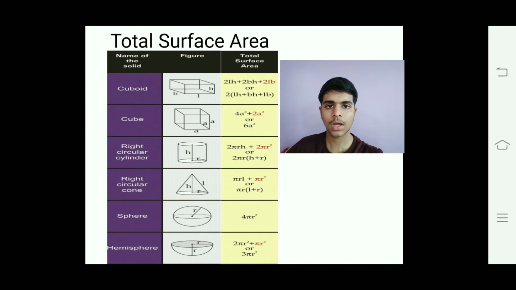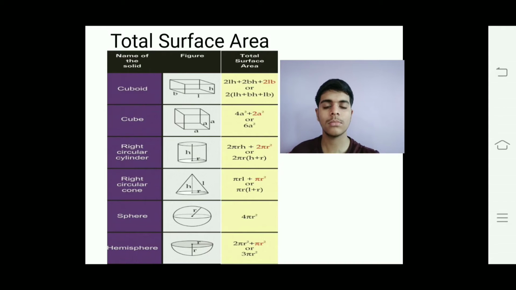So let's take a look at total surface areas of the same objects, that is cuboid. Then its total surface area will be, of course, lateral surface area plus 2 into LB, that is 2 of LB plus BH plus HL. And then for cube it will be 4a square plus 2a square, that is 6a square. And then for cylinder it will be 2 pi r of r plus h.